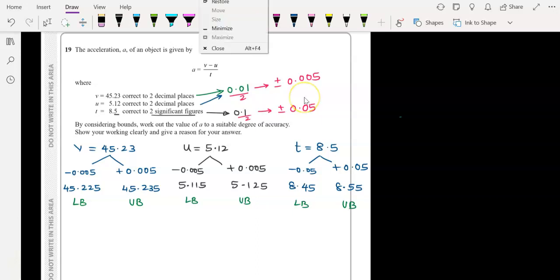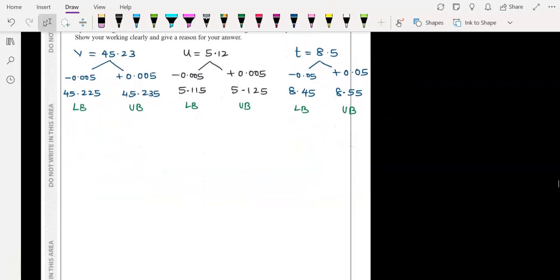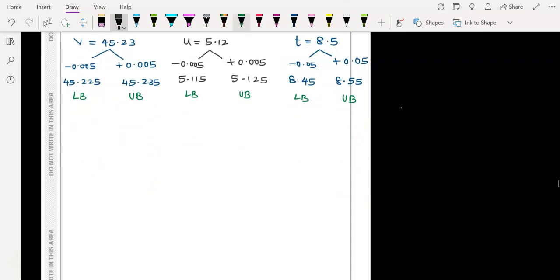So A equal to V minus U upon T. Now suppose I want to find the upper bound for A. If you want to find the upper bound, your numerator has to be the biggest possible value, and you need to divide by the least possible number so that your answer is big.